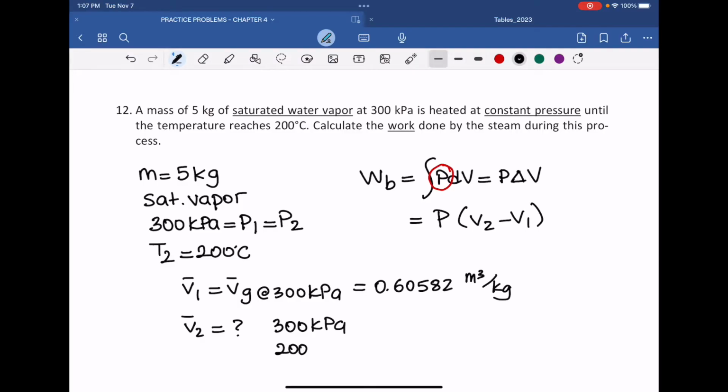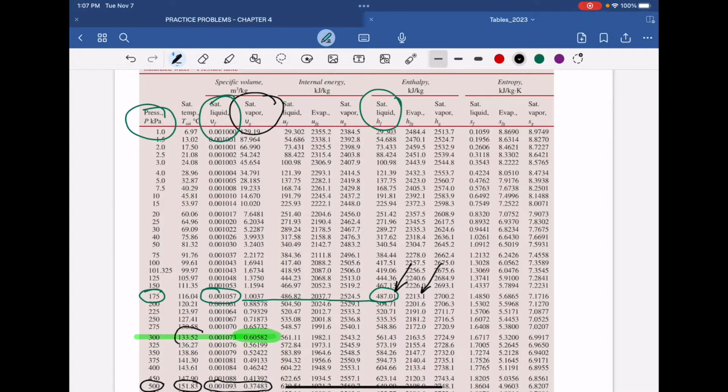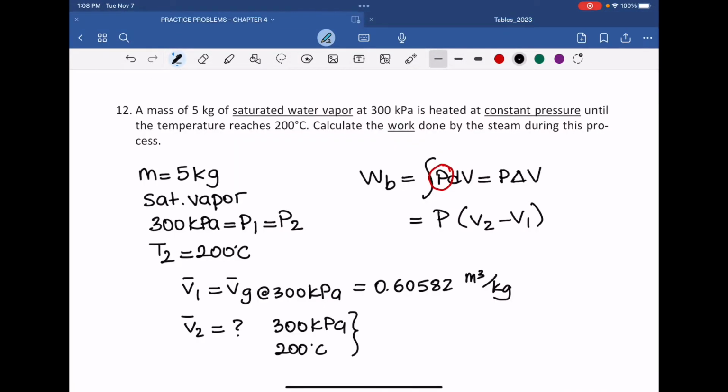and the temperature. We need to look at the tables. At 300 kilopascal, the saturation temperature is 133.52, while we are at 200, so we are above that. So you have superheated vapor.